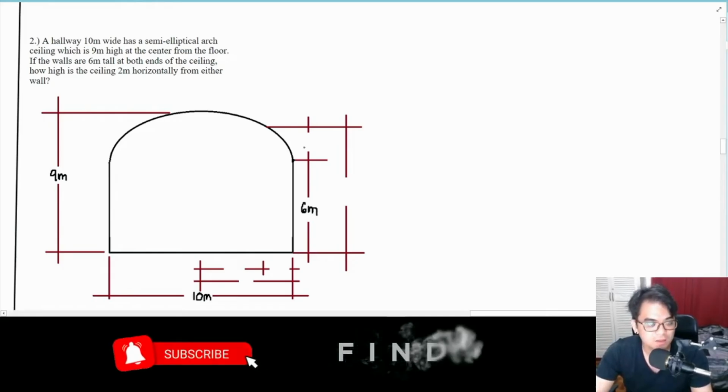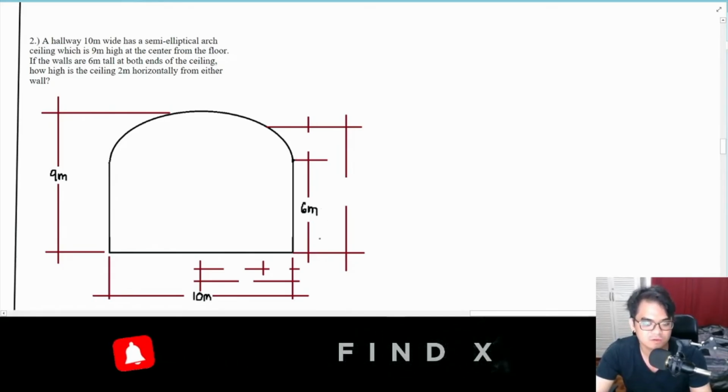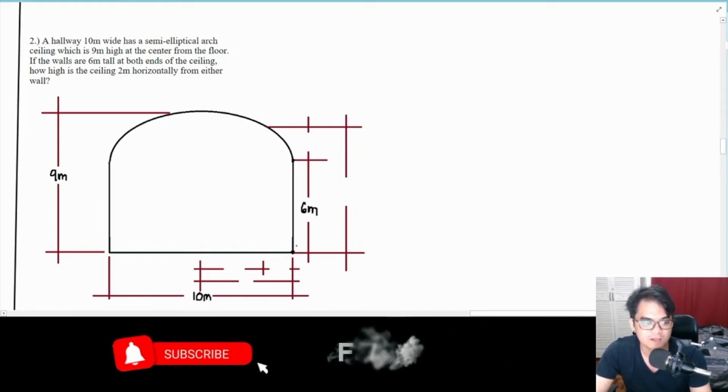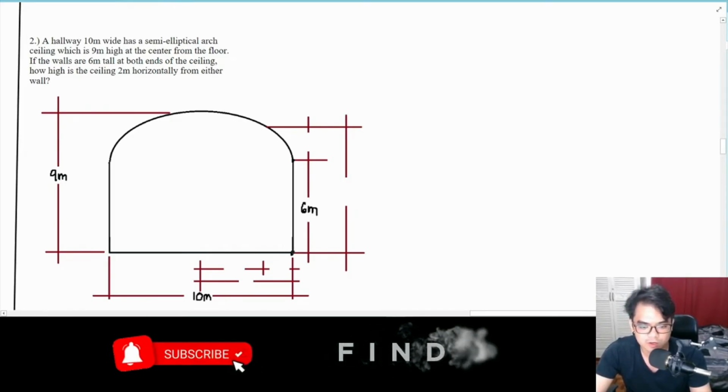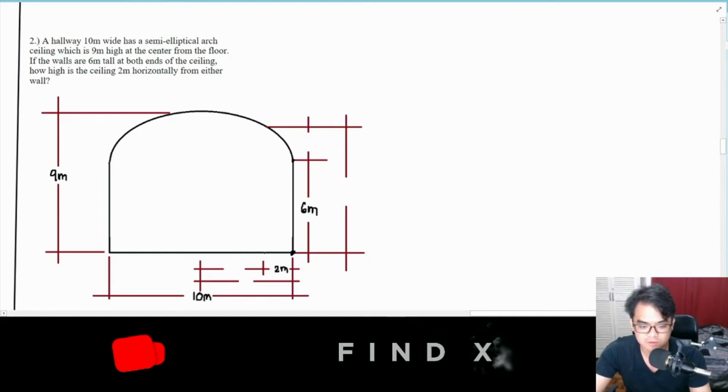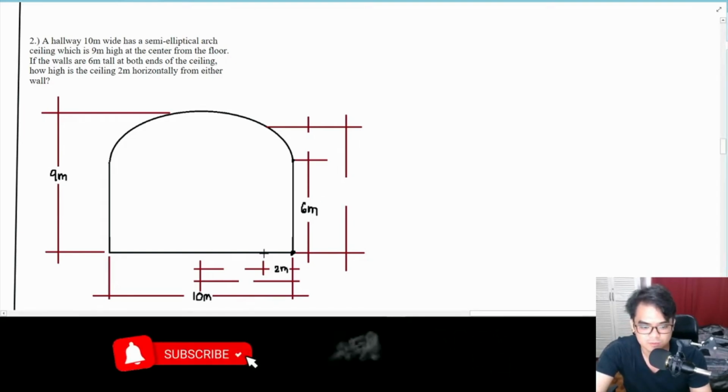And then, how high is the ceiling 2 meters horizontally from either wall? So we are asked to find here. Let's say that from here is 2 meters. And then from this point, you will have a line.